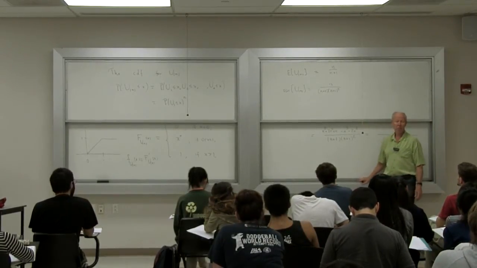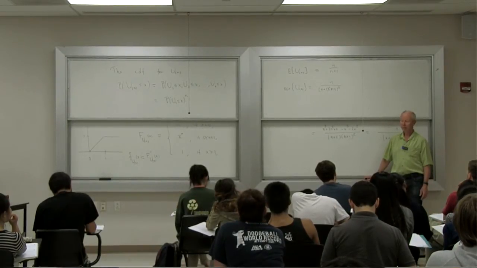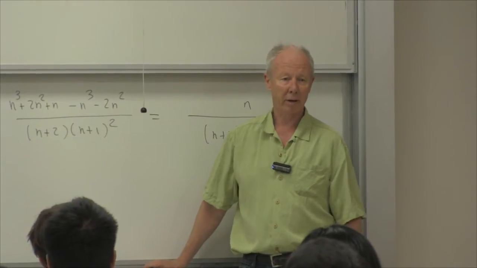And now, how can you make a random variable have variance 1? Divide by the square root of the variance. Exactly.